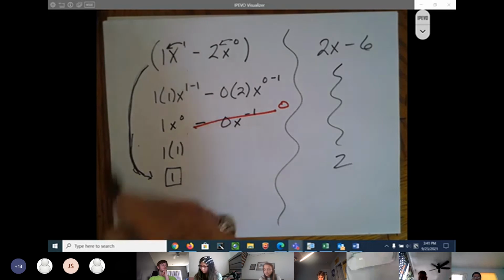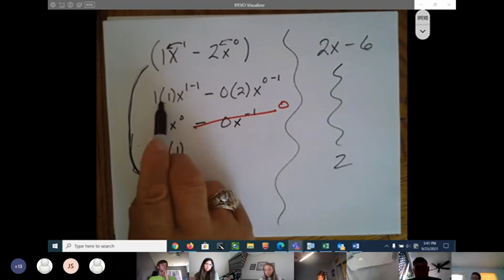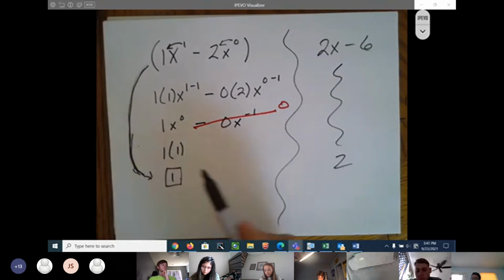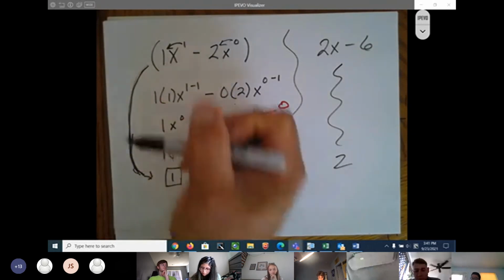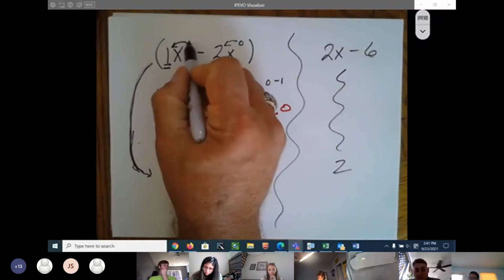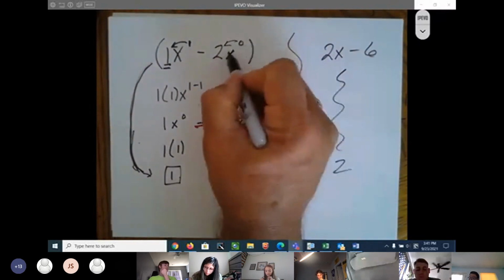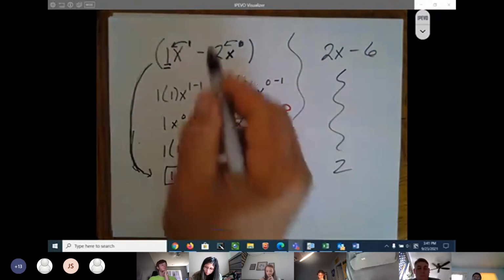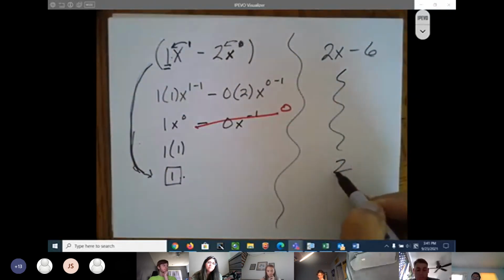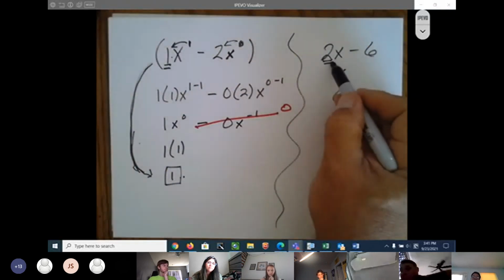So if you are a beginner, like you said you were, just fill in those gaps, and eventually you'll start to see that this dwindles down to basically this coefficient if you have x to the first power and x to the 0 power. It's just going to dwindle down to that coefficient. This is going to dwindle down to this coefficient.